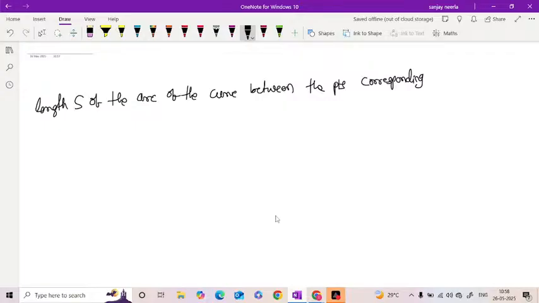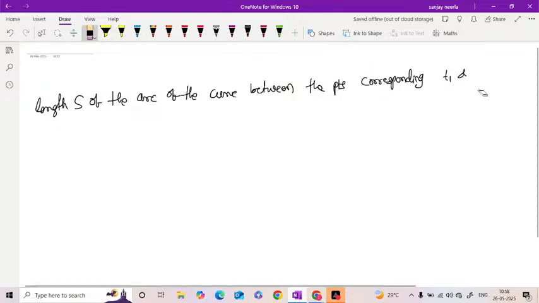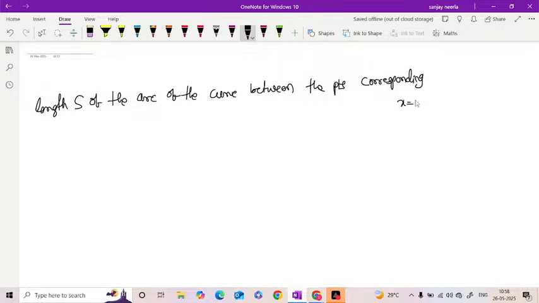Now the length s of the curve between the points, I am taking t1 and t2. So here t is the independent variable. I am taking here x is a function of t and y is a function of t.